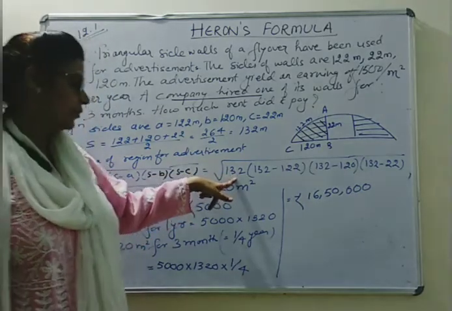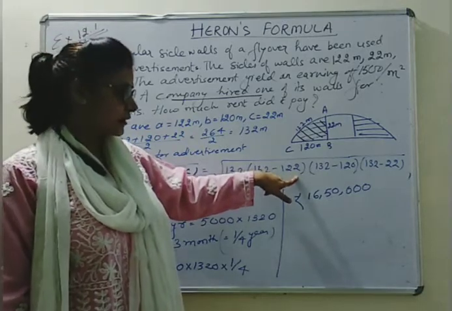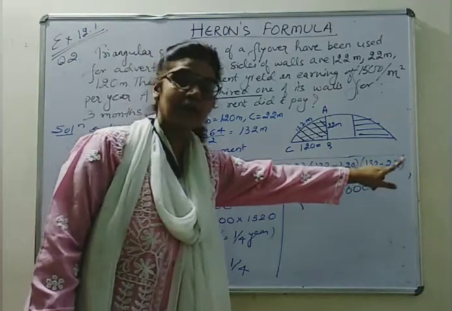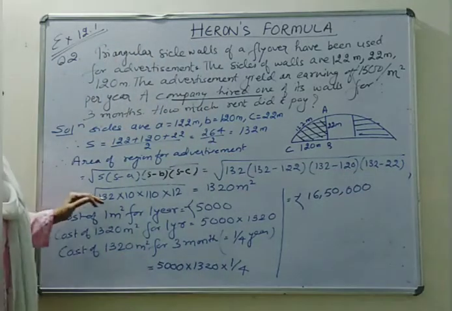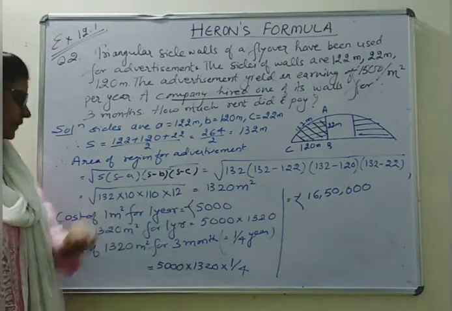By putting the values, what will we get? 132 into 132 minus 122, 132 minus 120, 132 minus 22. So 132 into 10 into 12 into 110.